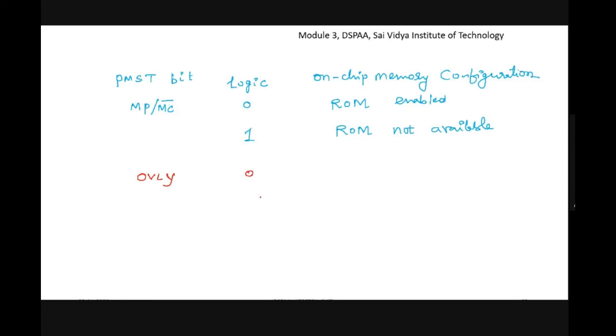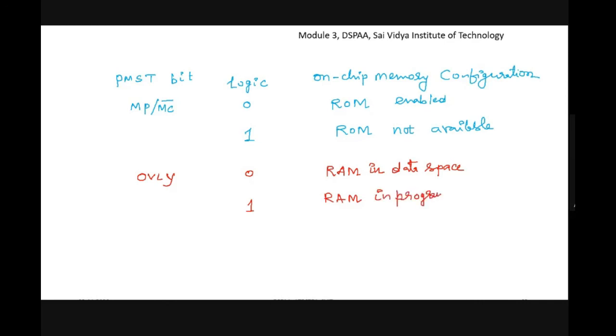If this bit is equal to 0 or equal to 1, what is going to happen? If OVLY is equal to 0, it means RAM is in the data space. If it is equal to 1, it means RAM is in program space.